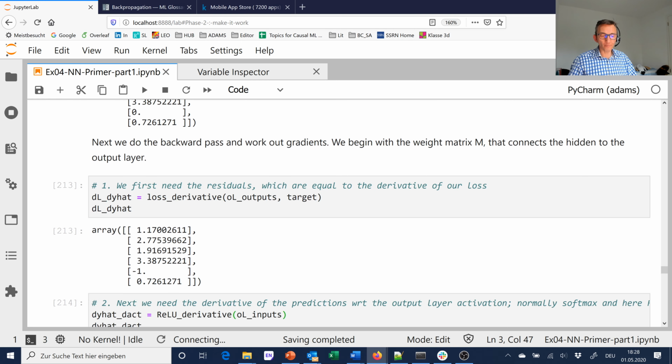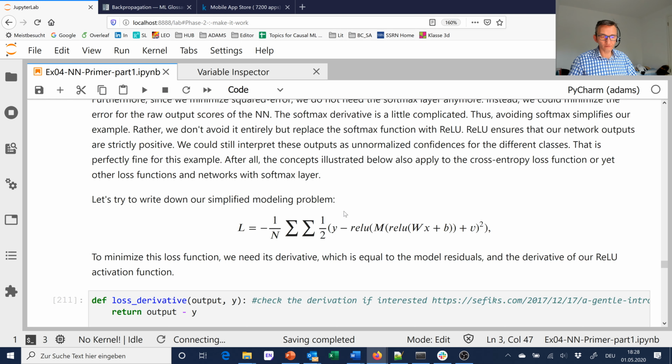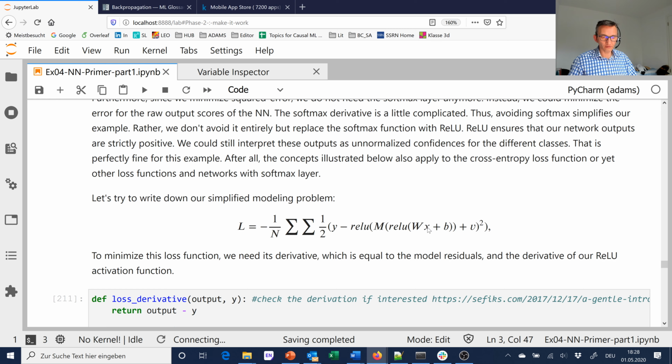And if we look at our bias vector, let's look at it. Here's B. So the derivative of that bit here with respect to B, that's just 1. And multiplying by 1, we don't need to take that into account.